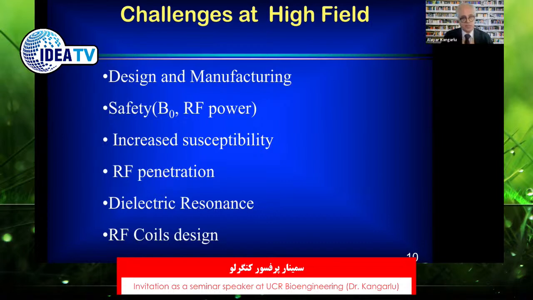The RF penetration was a major problem. We know that because of the conductivity of biological tissues, RF gets absorbed as it penetrates into the body. And the understanding was that as you go up to a field of 10 Tesla, protons will be rotating at about 420 megahertz. 420 megahertz is almost microwave.